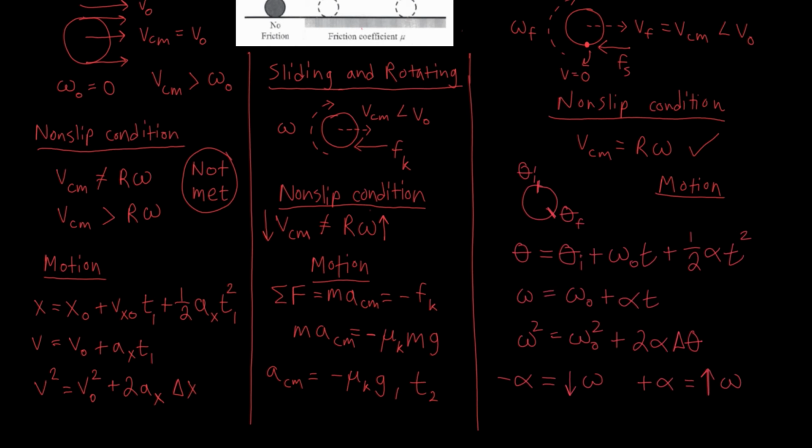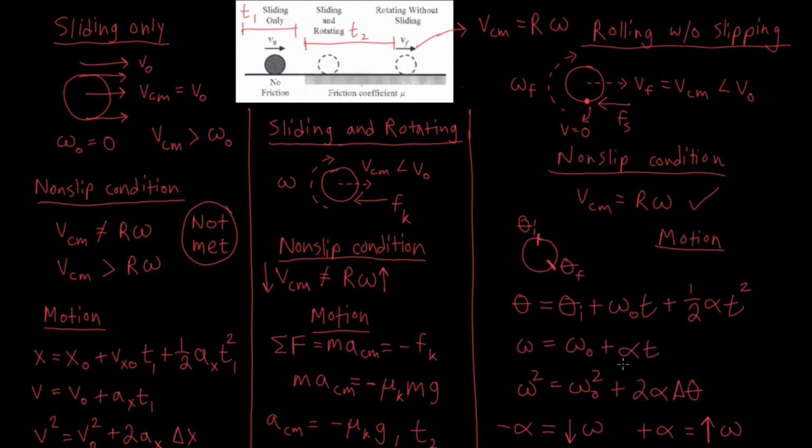So which of these two values is it? Is the angular acceleration positive or is the angular acceleration negative? In order to determine that, we have to look at the ball as it starts from its initial sliding only scenario and encounters the rough surface. Is the angular speed increasing or decreasing?